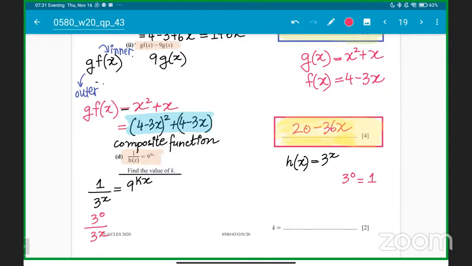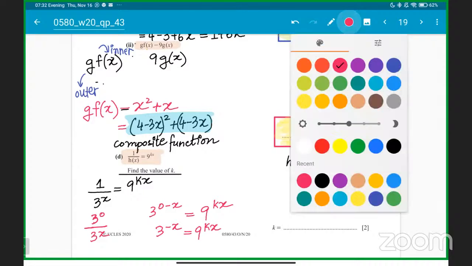Because the bases are the same and it is the division sign, you can subtract the powers: 3 power 0 minus x is equal to 9 times 9 power kx. If you simplify it, we say 3 power minus x is equal to 9 power kx.